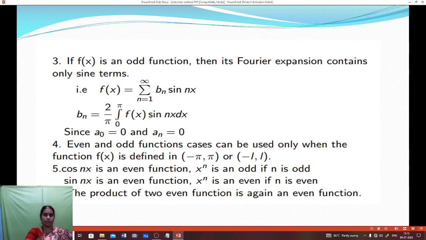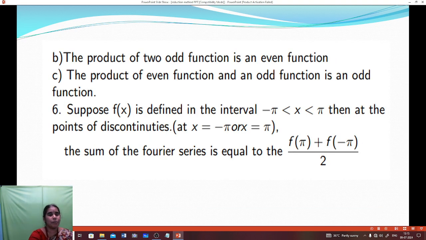Okay. These are some examples. Cos nx is an even function, and x sin nx is an odd function if n is odd. Same thing, x sin nx is an even function if n is even. Once again, a simple note. We know that the product of two even functions is again an even function. And the next note is that the product of two odd functions is an even function.